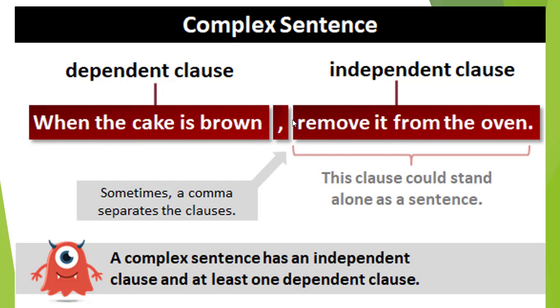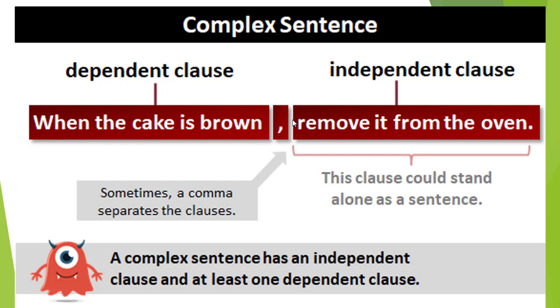Okay. So when the cake is brown is a sentence, but it is not a complete sentence. It is not an independent clause, because without the next clause its meaning is incomplete and it depends on another independent clause. When the cake is brown, comma, remove it from the oven.